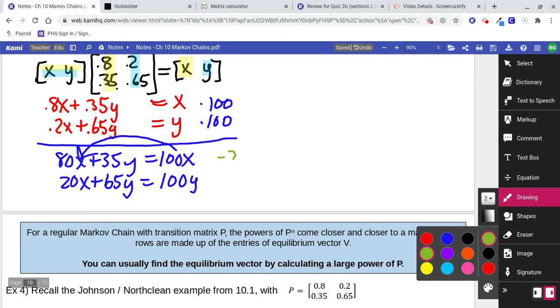That would give me negative 20x plus 35y equals 0. Similarly, I'm going to subtract the 100y over, and I would have 20x minus 35y equals 0.